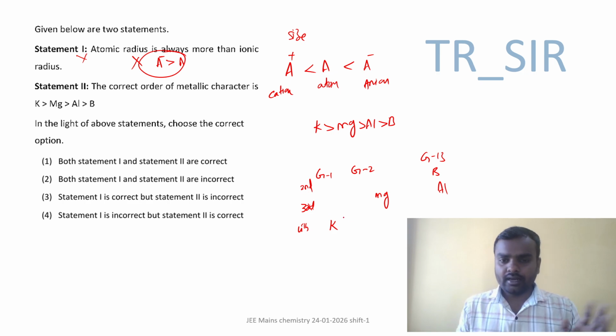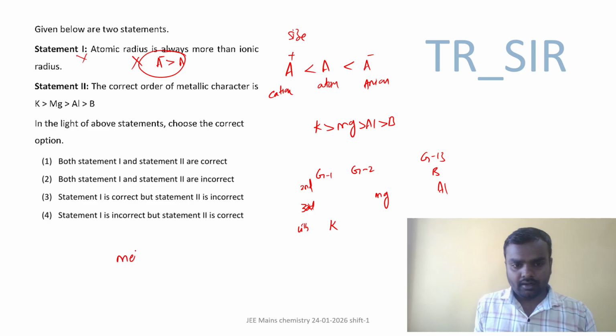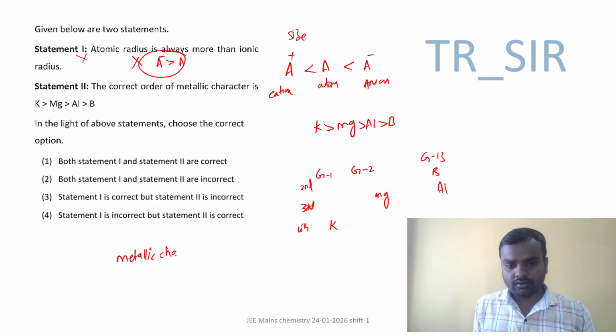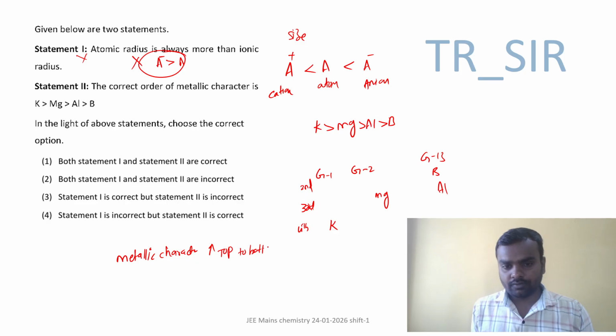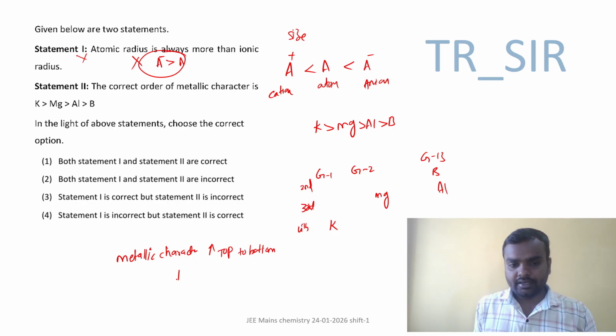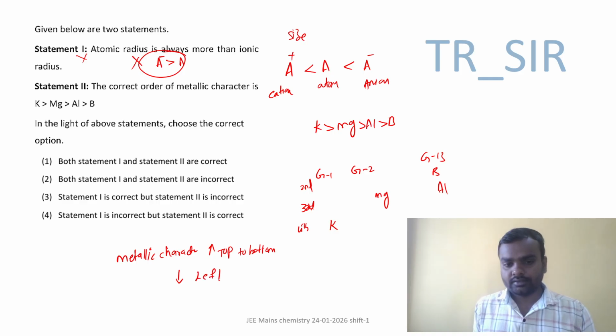So now metallic character: top to bottom, metallic character increases because of less ionization energy, and decreases left to right.